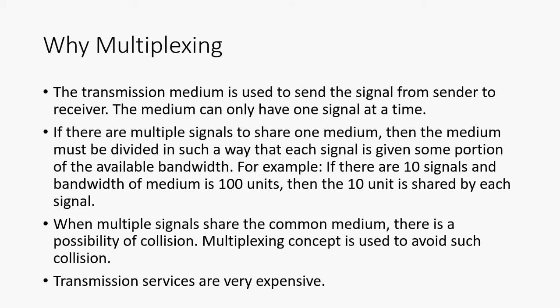For example, if there are 10 signals and bandwidth of medium is 100 units, then 10 units is shared by each signal. When multiple signals share the common medium, there is a possibility of collision. Multiplexing concept is used to avoid such collision.